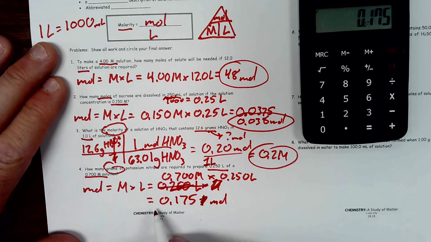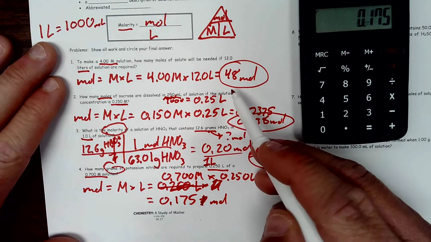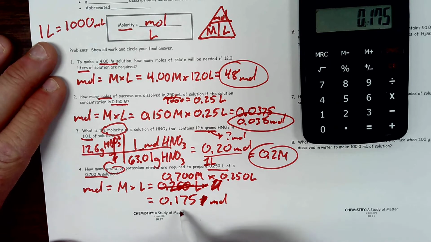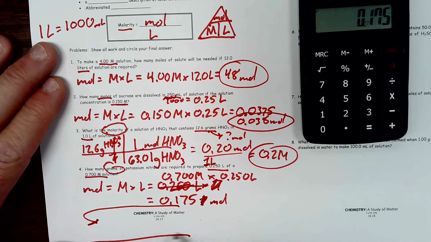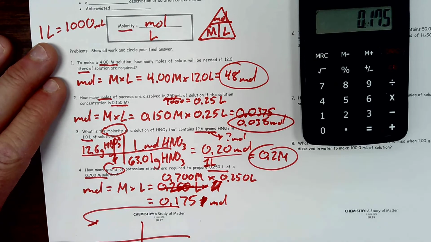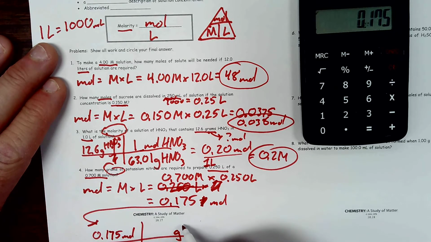So moles. Now again, this is moles, which was what they wanted in these two problems, but this problem wants how many grams. So now I've got to take that number and put it into a T-chart and take the 0.175 moles and change it from moles to grams of KNO3. That's potassium nitrate.